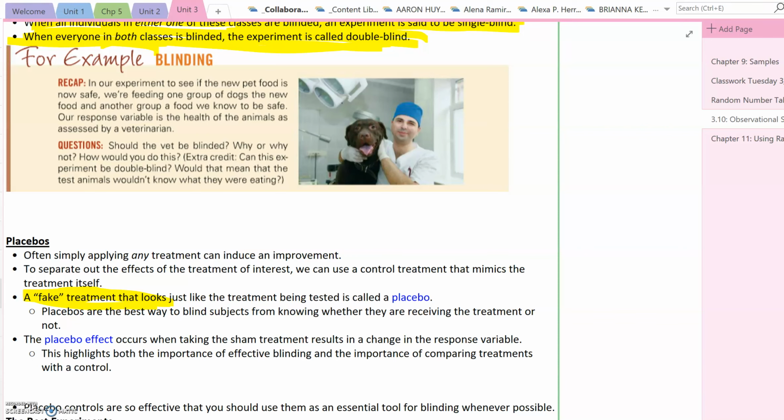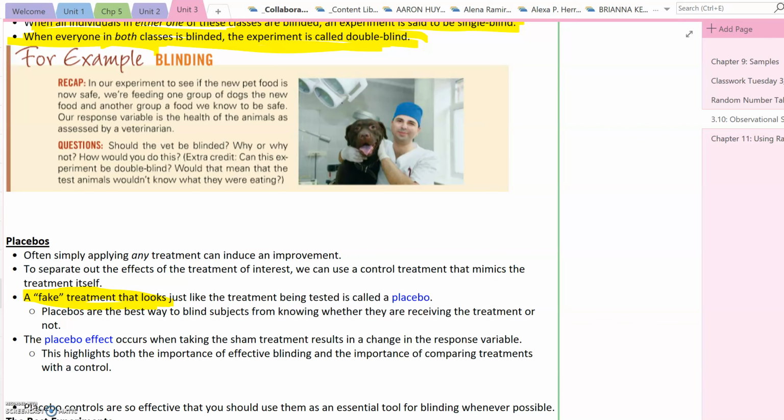So maybe somebody doesn't know that they took a fake medication, and they're like, oh my gosh, I'm so much healthier now, I have so much more energy. And you're like, okay, but you took a fake medication. So literally nothing changed except your mindset. But that is what the placebo effect is, when your mindset makes you believe that something in your life drastically changed, but in reality, you had a fake medication.